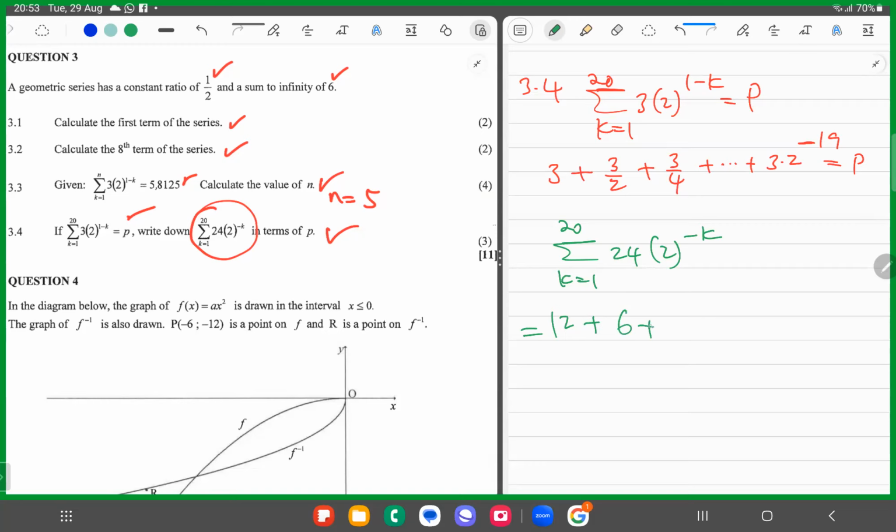When k is 3, you have 3 plus, and then you have 24 times 2 to the minus 20. Which is 3 plus, you factor out 4, and then you have 3 over 2, and then you have 3 over 4, and then you have 3 times 2 to the minus 19.